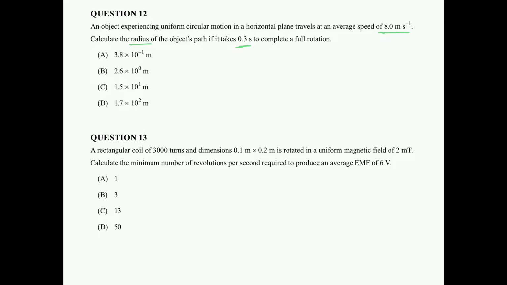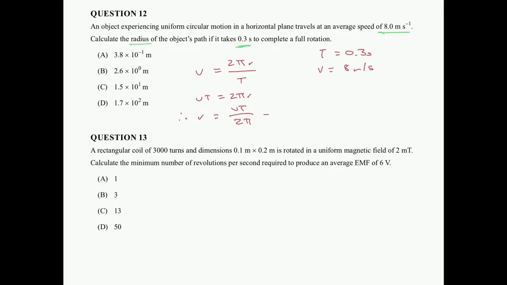So I know I'm going to be using velocity is equal to 2 pi r over the period. What's our period? Our period is the time it takes to complete one rotation, so T is equal to 0.3 seconds. Our velocity for our circular motion is equal to 8 meters per second. We don't know the radius, so we're going to rearrange this equation. v times T is equal to 2 pi r, therefore r is equal to vT divided by 2 pi.